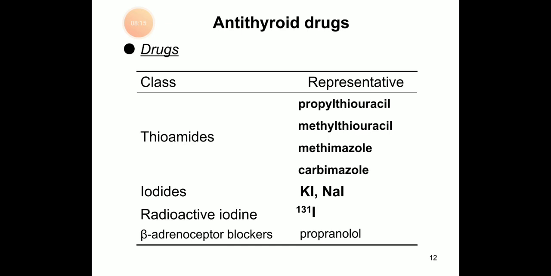And lastly, there is radioactive iodine, which has two kinds of particles, beta and gamma, and these destroy the acini, and one part of this is used for diagnostic purpose. So these are a little bit about the drugs used in hyperthyroidism, or these are the drugs which are called antithyroid drugs.